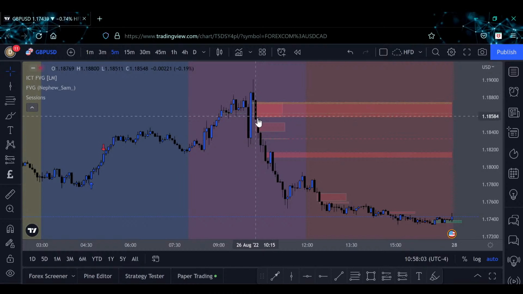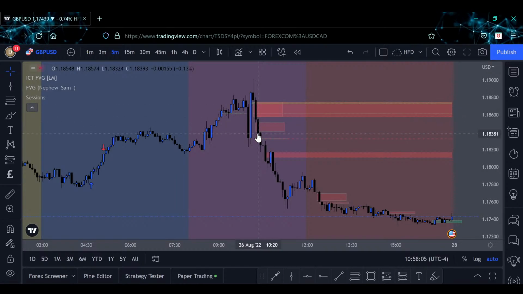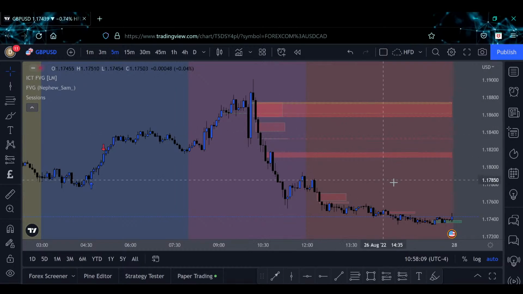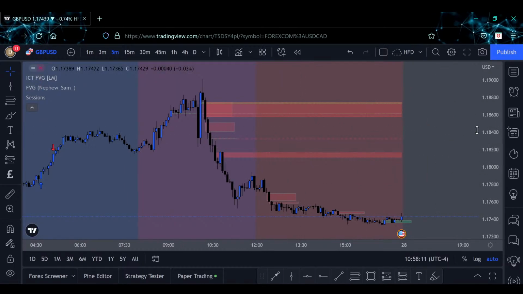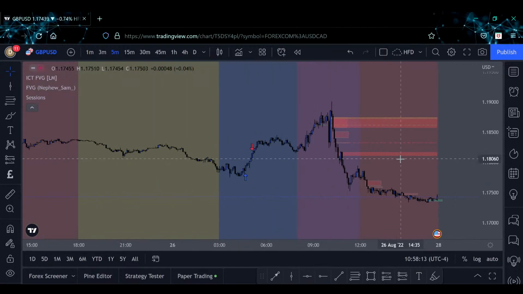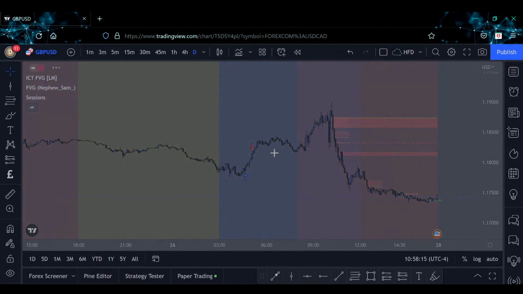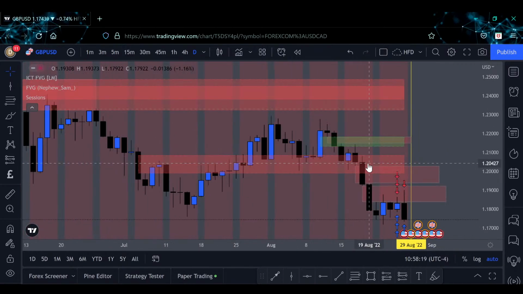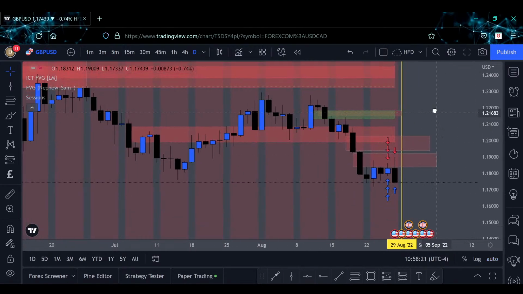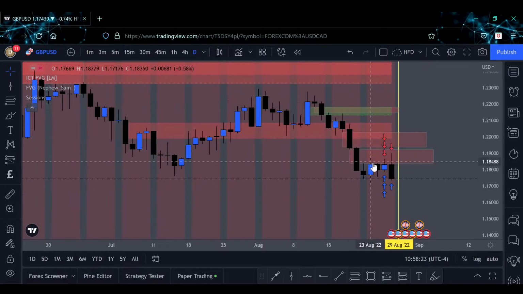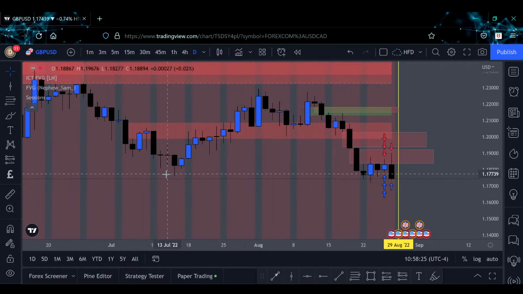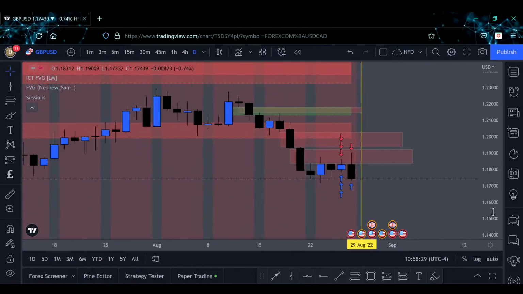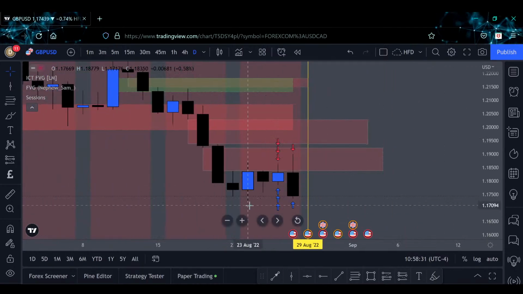So there's a fair value gaps to the upside here. Liquidity. A lot of sellers to be taken out. Let's go to the daily. A lot of sellers here as well. These lows have been taken. Next low to be taken would be here.